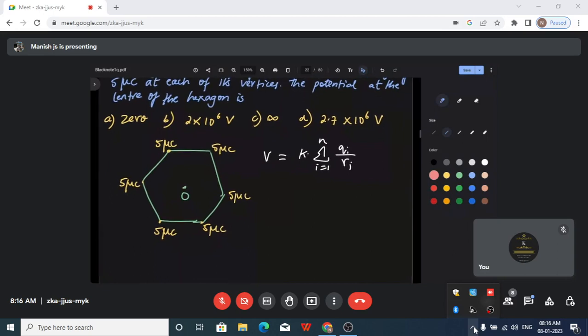So with respect to the center, all of them are at equal distances அப்படிங்கிறதுனால, so what will happen? So V is equal to K, into what value you are getting? Sir, 3 into 10 power minus 6 வந்துச்சு. Okay, K into 3 into 10 power minus 6.